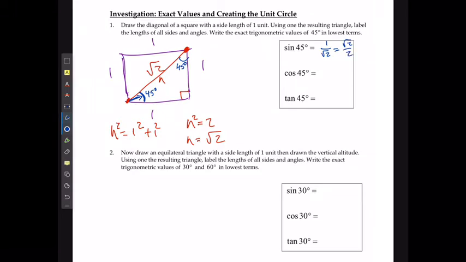It's going to be the same thing for cosine. My adjacent is 1, hypotenuse is root 2, and I get root 2 over 2. Tan, my opposite is 1, my adjacent is 1, that's just going to equal 1. And these are the 3 exact values for these ratios.